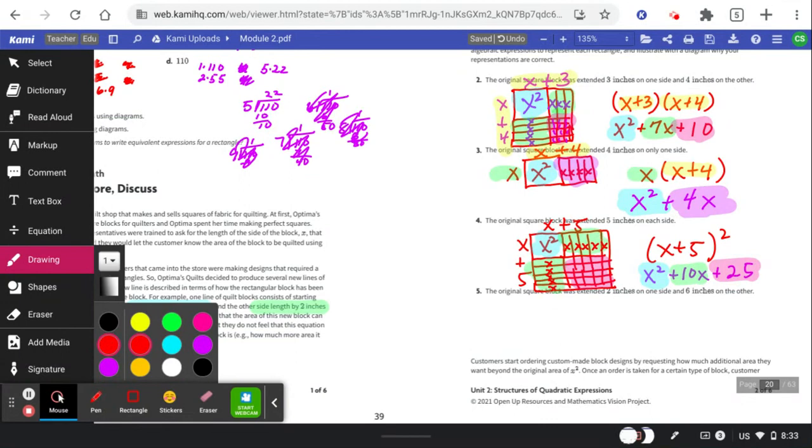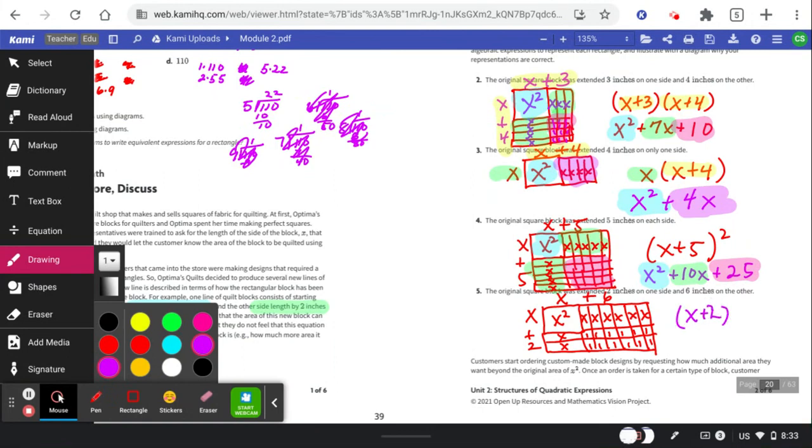The original square extended by 2 on one side and 6 on the other. So my first expression is the x plus 2, x plus 6.